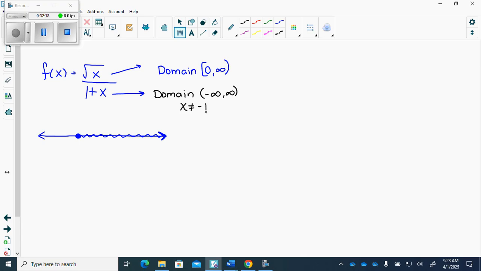Now, how do I know that's an asymptote and not a removable discontinuity? It's not on the top. So you would have to cancel off the top and the bottom in order to be a removable discontinuity. The factor is not on the top, so I know it's a vertical asymptote. Okay, so this is 0 to infinity, but I also know that negative 1 can't exist. What's cool about this graph? It already doesn't exist because that top one kicked it out.